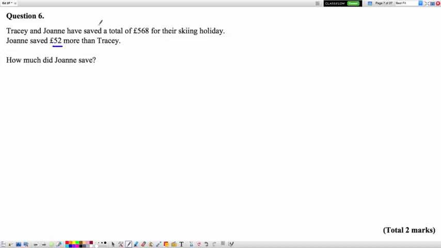Well, the first step is to look at the total and subtract the 52, the difference. So 568 subtract 52 is equal to 516. We can then divide by 2 to find the amount each for Joanne and Tracy before the extra part for Joanne, which is 258.